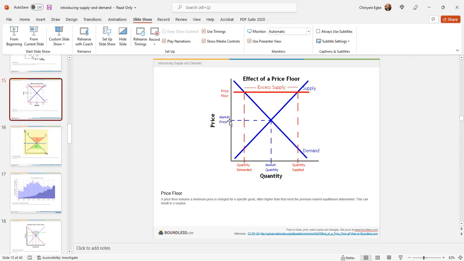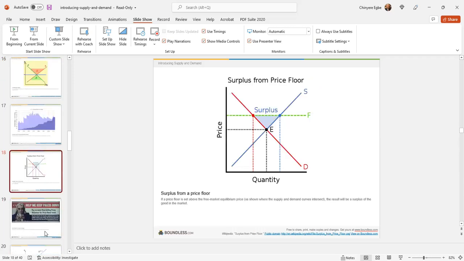So whatever price buyers want to buy at is the same as the price that sellers want to sell at. You also have a quantity that we call the equilibrium quantity, which is to say that the quantity that buyers want to buy is also equal to the quantity that sellers want to sell. All right, and so we take it from there. This is the same thing.